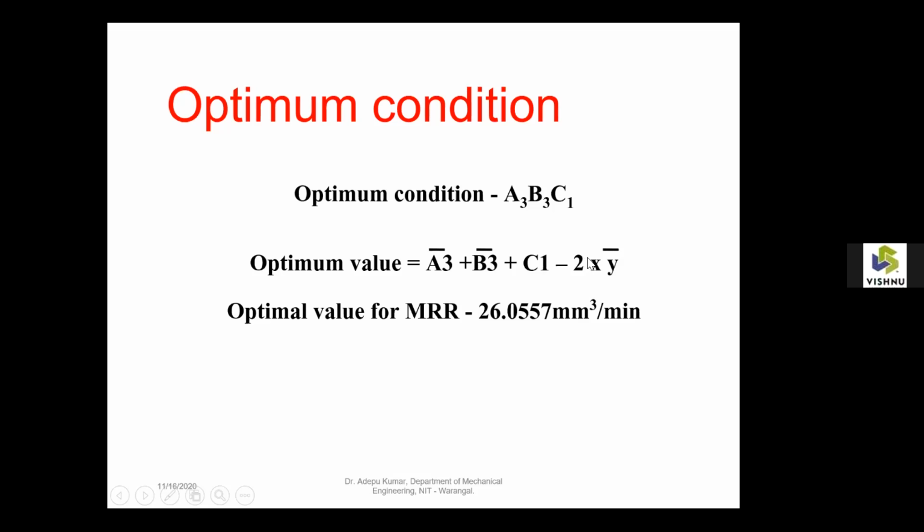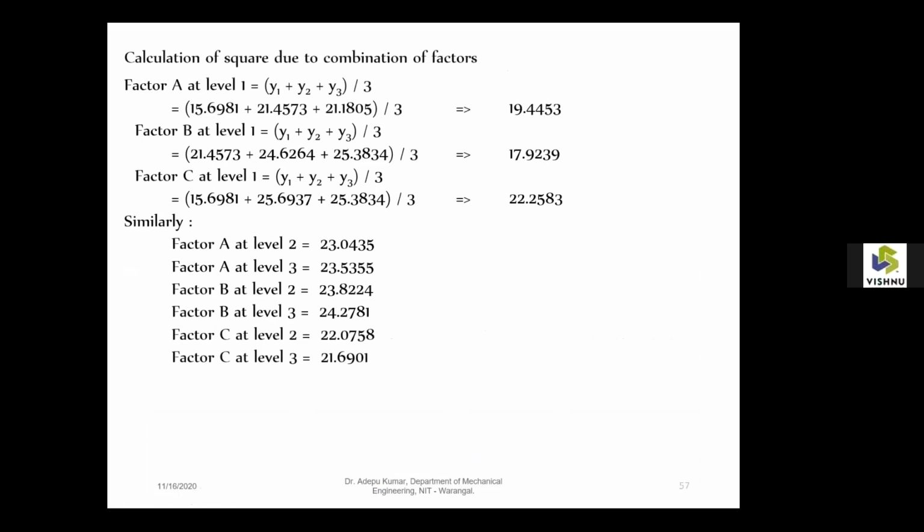It is always 1 less than the total number. So from this, you should get 26.0557. Now, whether A3, B3, C1 is available or not, you can check by seeing the table.